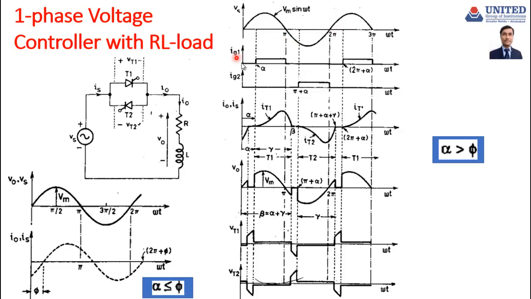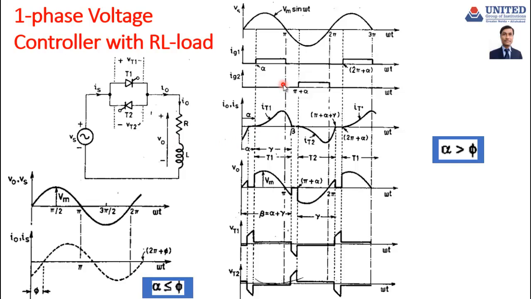For this waveform we see that during 0 to pi, T1 is forward biased. At omega t equal to alpha, T1 is triggered and I naught, which is equal to the current flowing through the thyristor, starts flowing through the load.